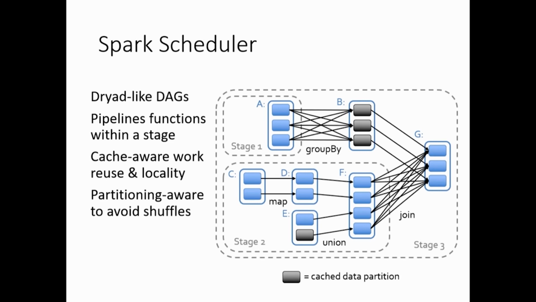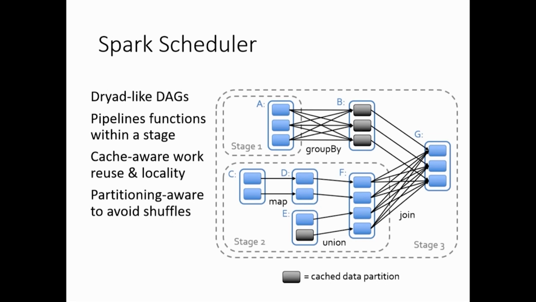Until the previous stage finishes executing, the next stage cannot start. So this RDD B will not be materialized until stage 1 happens. But this RDD D can be materialized even though this map operation is not over. Why? Because it is one-to-one. The moment one record of D is created, you can start utilizing that record, because you know that this record depends only on one record of the previous RDD.